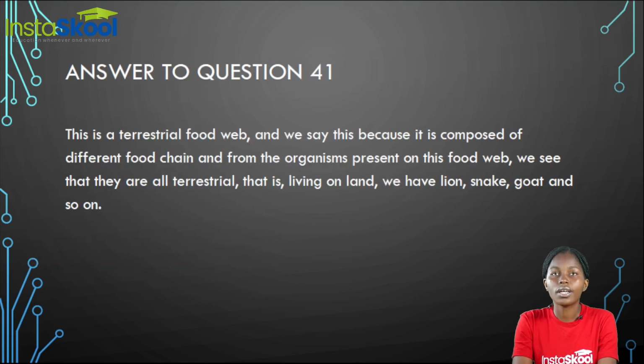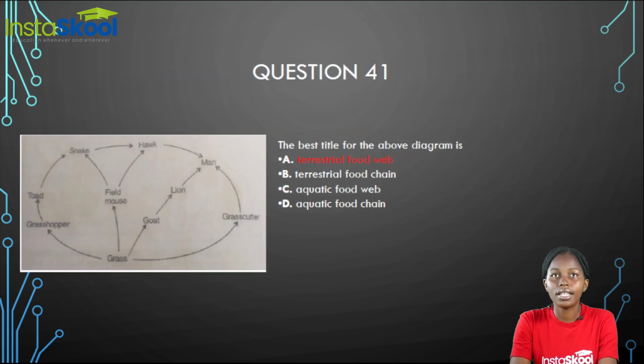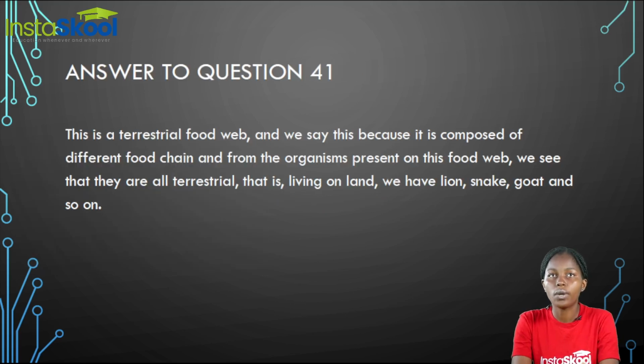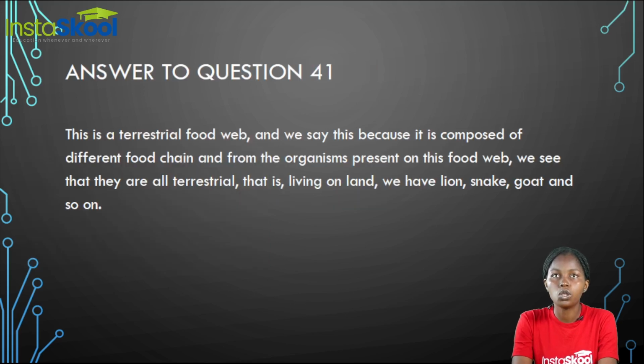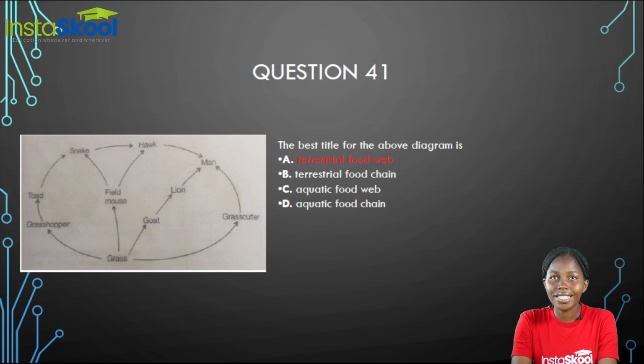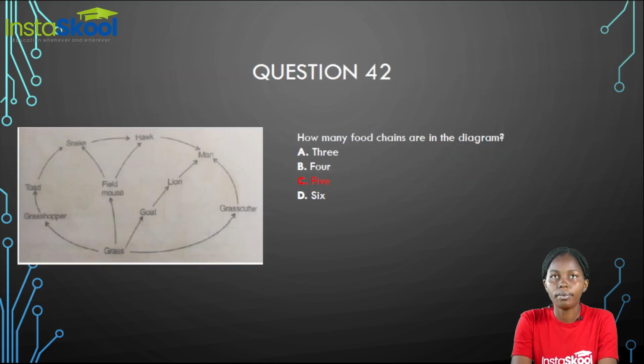So we can simply say that this diagram shows a terrestrial food web. And why do we say it is a food web? Because it comprises of different food chains. So our answer is our option A. It is a terrestrial food web.